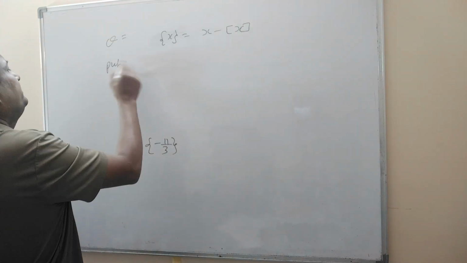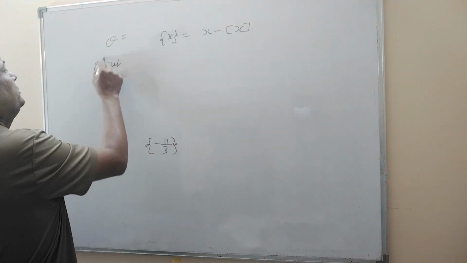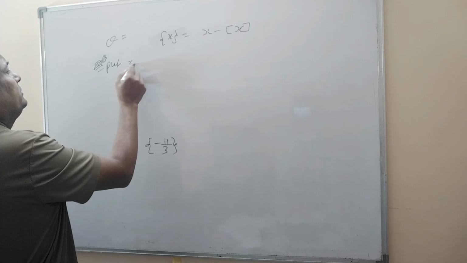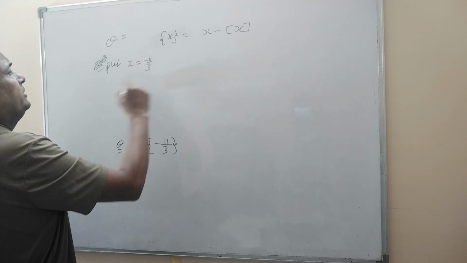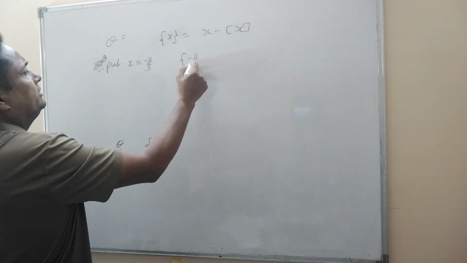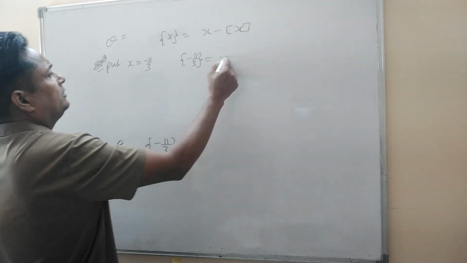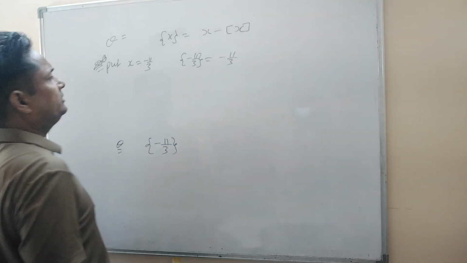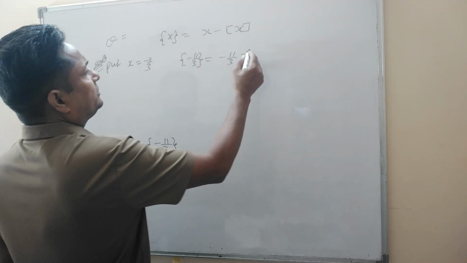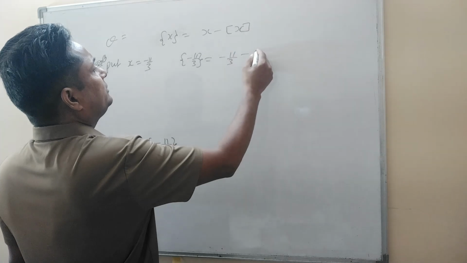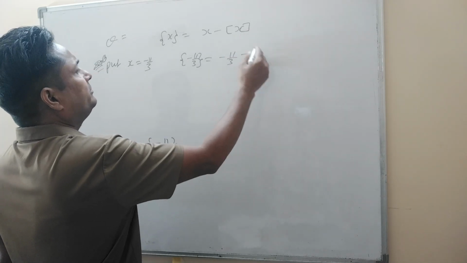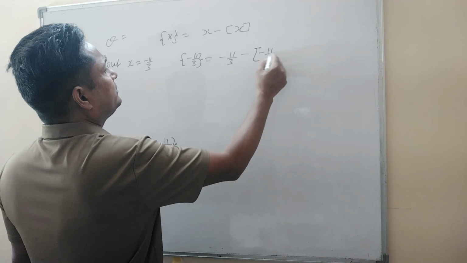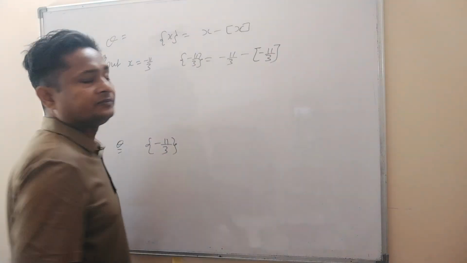This is the question. Now what will be the solution? Put x is equal to minus 11 by 3. So this will be minus 11 by 3 minus the greatest integer of minus 11 by 3.